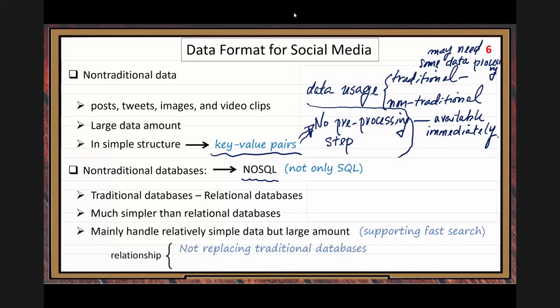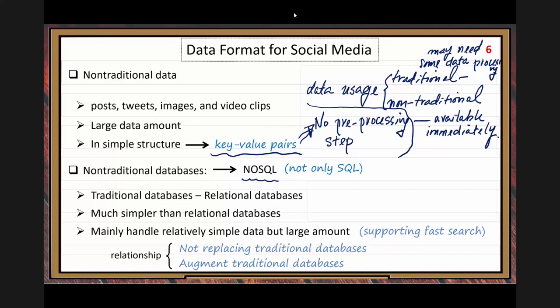Relationships: not replacing traditional databases. They work on different parts of the business world. They augment traditional databases, because traditional databases cannot handle social media data well.